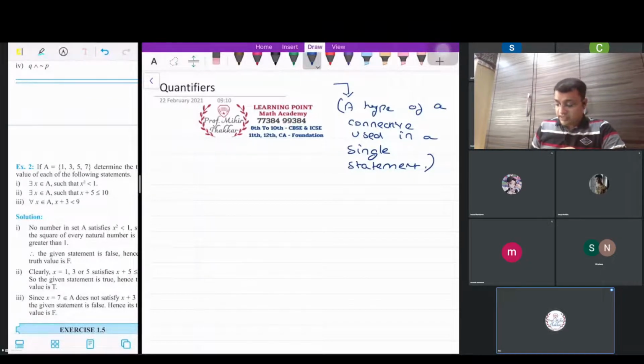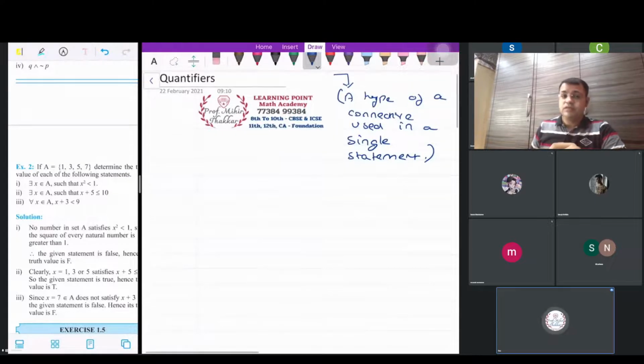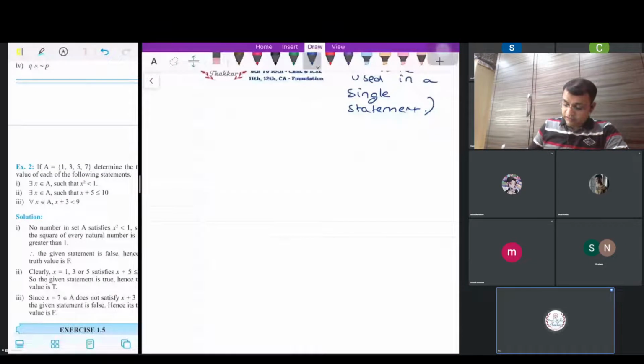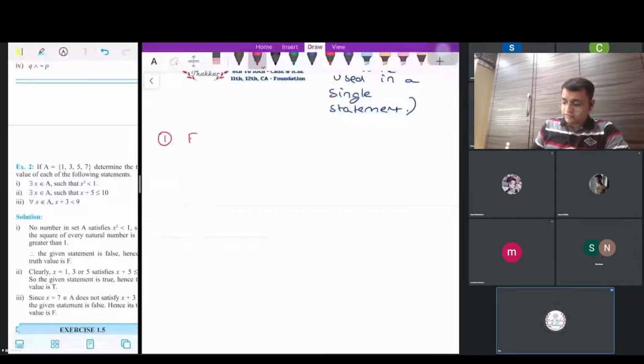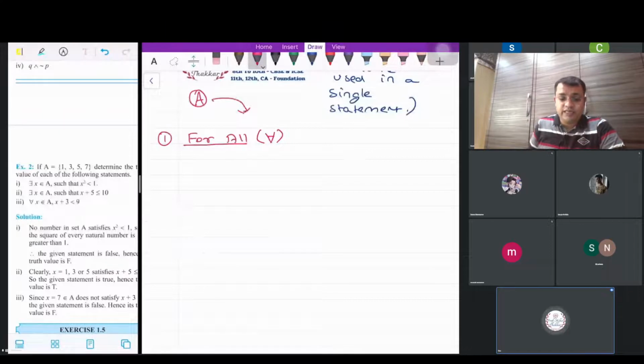In the case of this particular chapter, there are two quantifiers that we have to study in detail. The first quantifier that we should be aware of is something called for all, which is represented by something like this, a reverse A. Generally we write A like this, but it is the reverse of that particular A that is considered over here as the symbol for all.